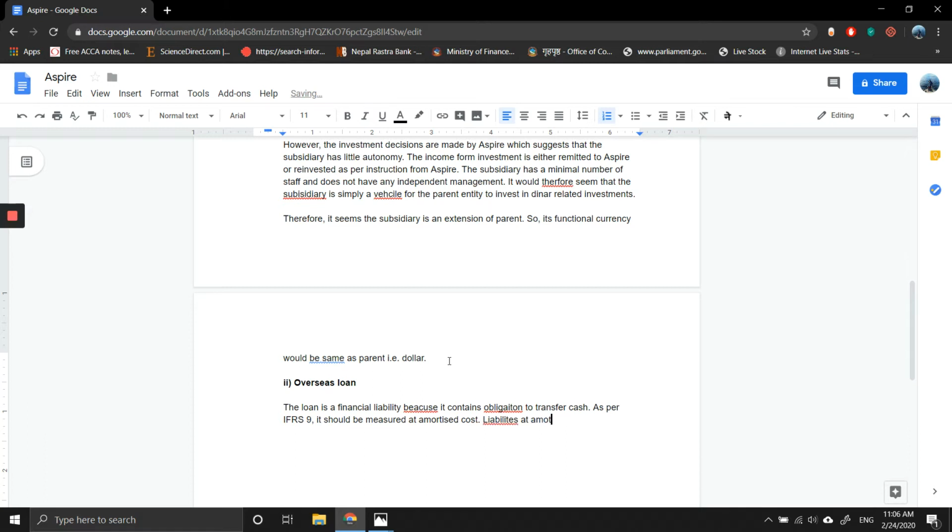Liabilities at amortized cost are recognized initially at fair value less transaction cost, and the finance cost is calculated using the effective interest rate.